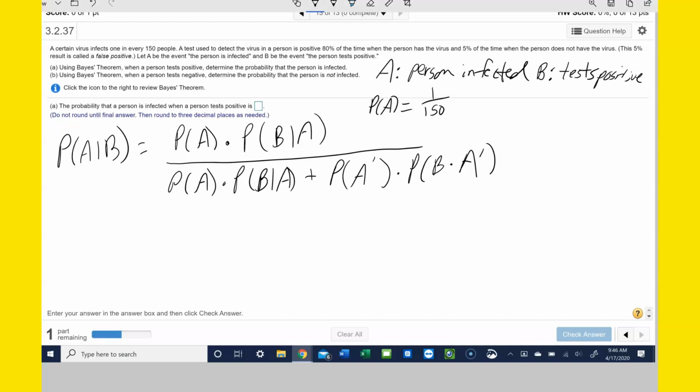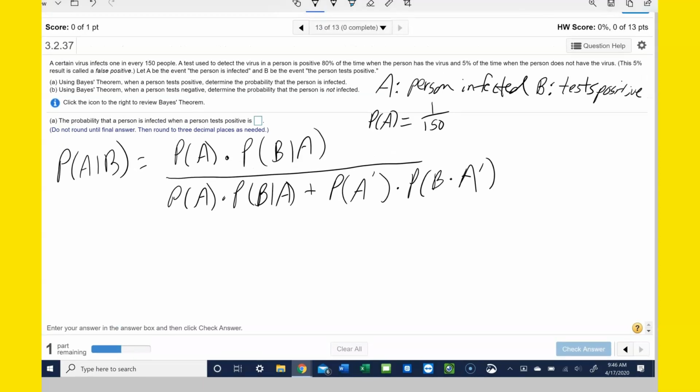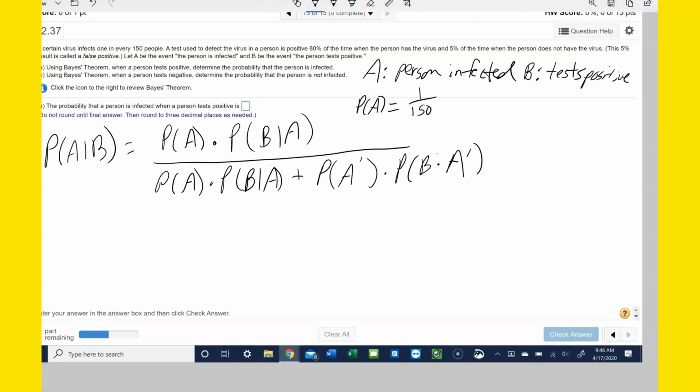I'm also noticing down here that I wrote something wrong. It's not the probability of B times A, it's the probability of B given A, that should be a vertical line, B given A, not A prime, which means the opposite of A.